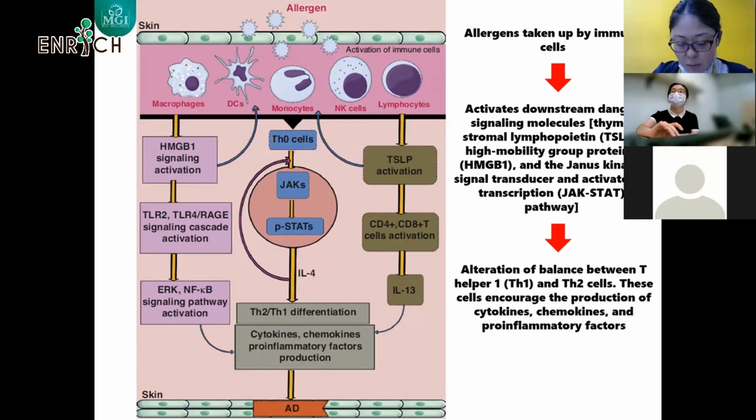So this downstream activation of signaling molecules then alters the balance between the T helper cell 1 and Th2 cell, which encourages the production of cytokines, chemokines, and pro-inflammatory factors, which then causes these atopic dermatitis-like skin lesions.